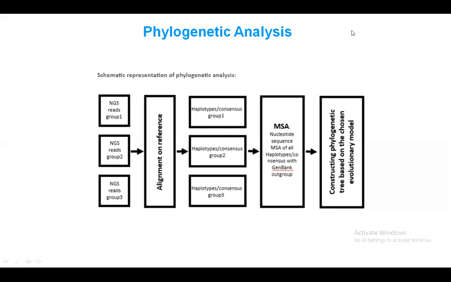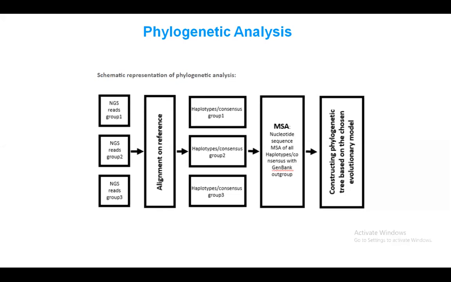The next analysis that you can perform is phylogenetic analysis. This is very important when a new strain comes and you want to understand exactly which category or species it belongs to. Usually your first step is to perform phylogenetic analysis, so you understand the similarity with already existing strains.